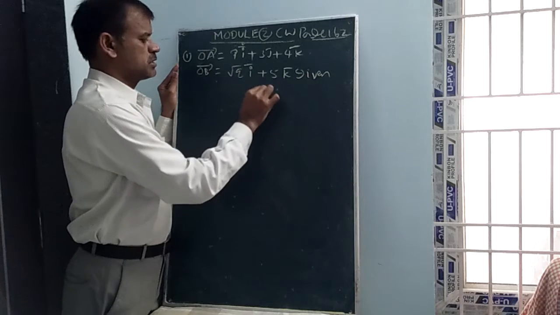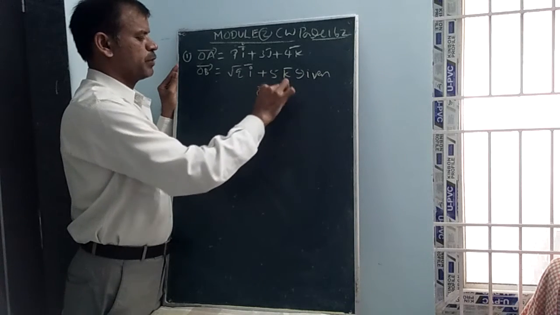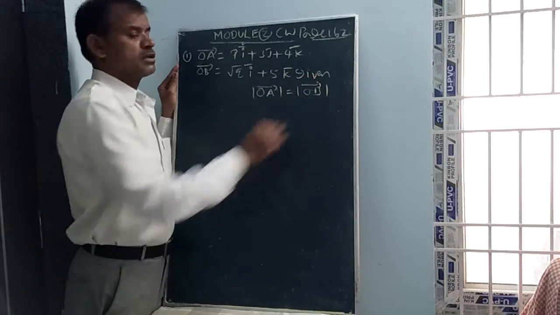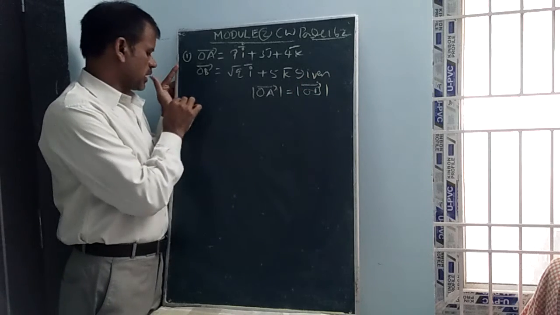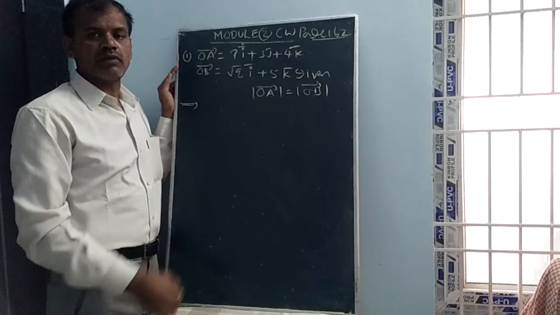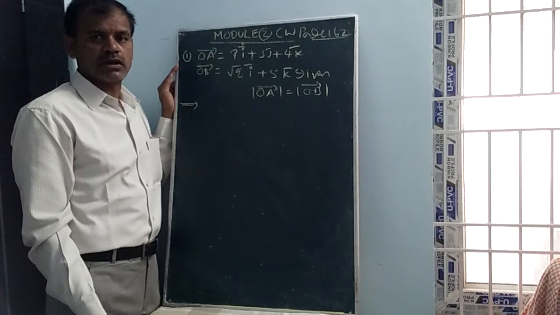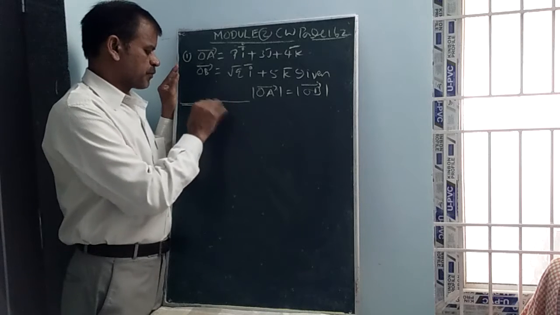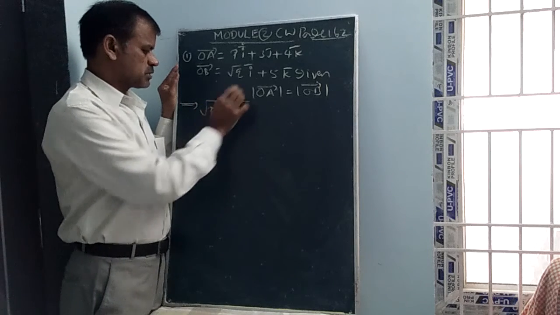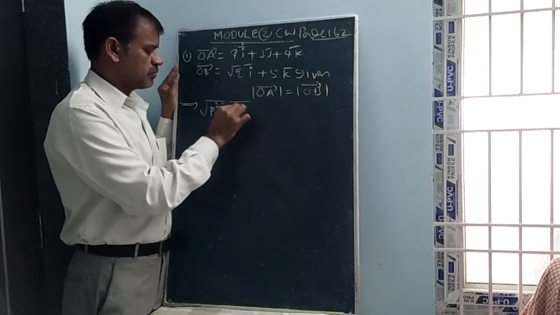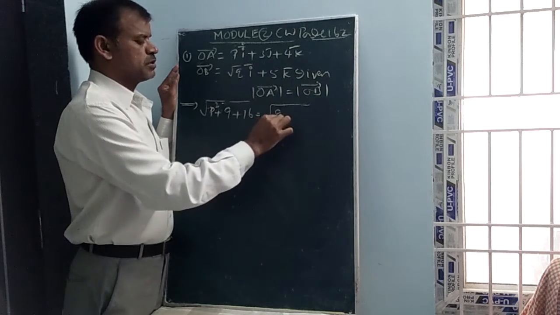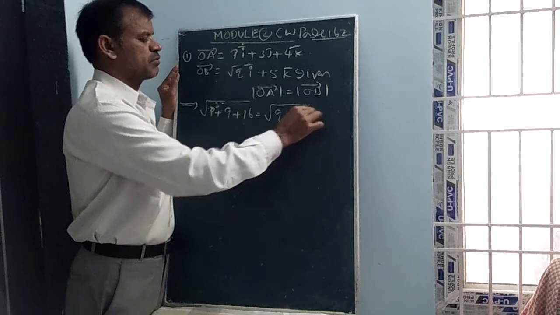The given condition is that the magnitudes of the two vectors are equal. Length means magnitude, that is the modulus. Magnitude formula is the square root of component square plus component square plus component square. So here p square plus 3 square means 9 plus 4 square means 16 equals root q square, which is only q, plus 25.